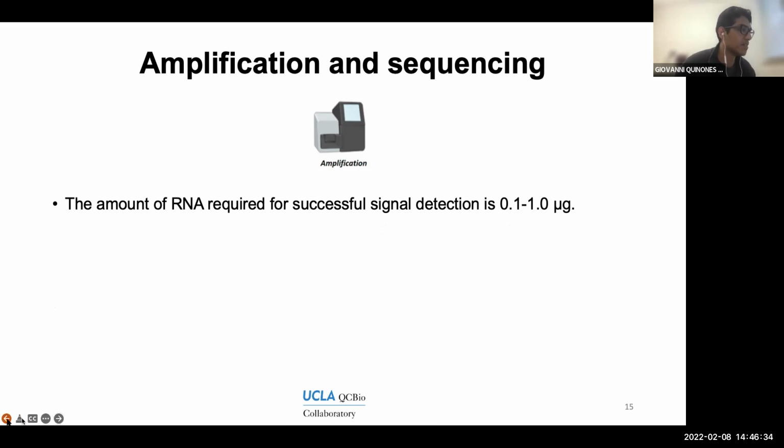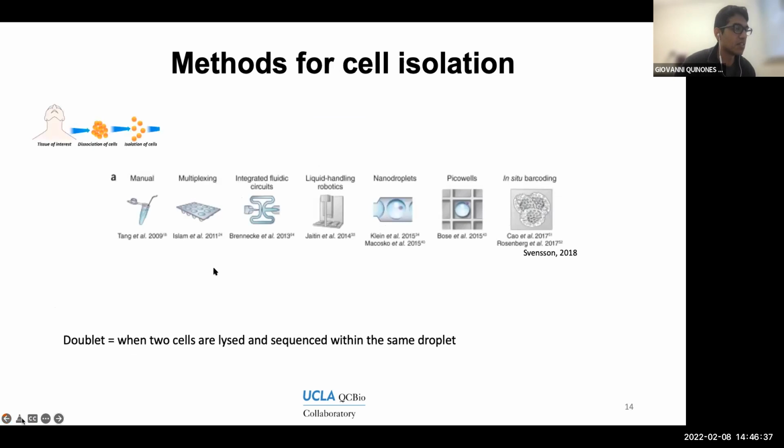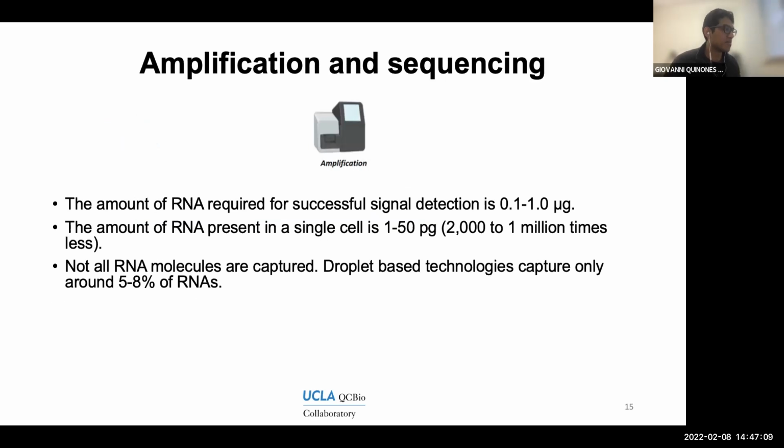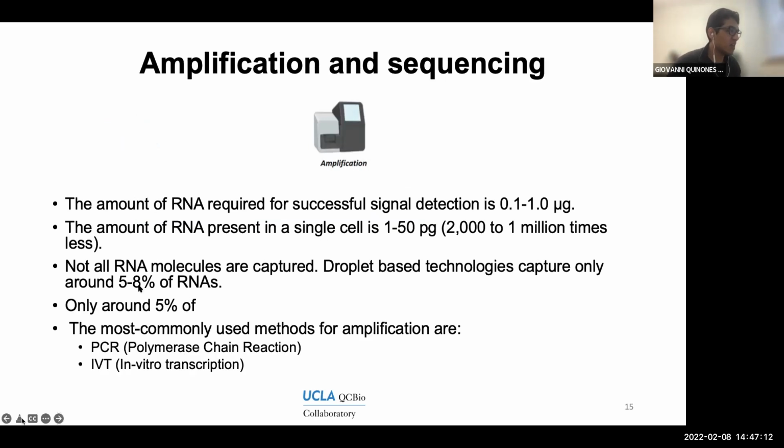Let me just go back a little bit. Yeah, so nowadays, given the different protocols and technologies that people are using, it is mostly based on the droplet-based technology. So these kinds of isolations use microfluidics and isolate cells in individual drops, and those would be the most common approaches. And regarding the yield, the 5% to 8% of RNAs, yeah, this is relatively low, but I believe the other methods don't do much better either.